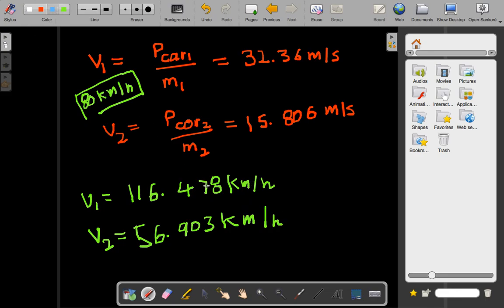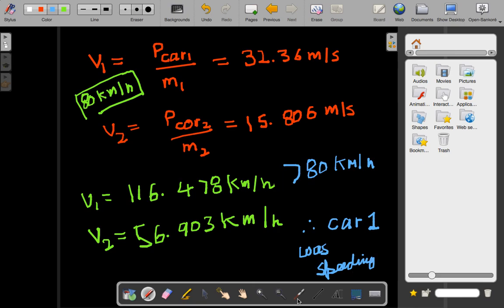Since the speed of car 1 is greater than 80 kilometers an hour, car 1 was speeding.